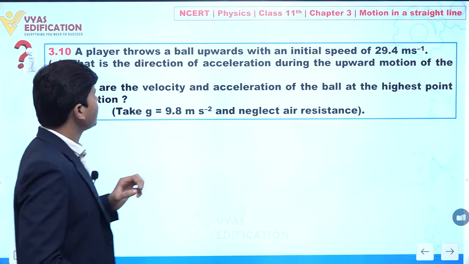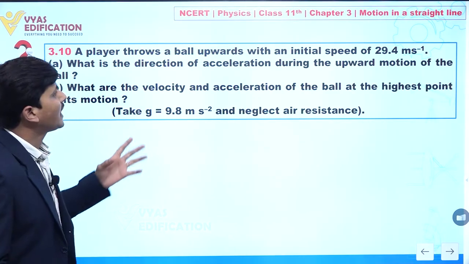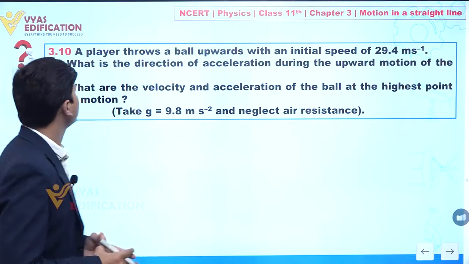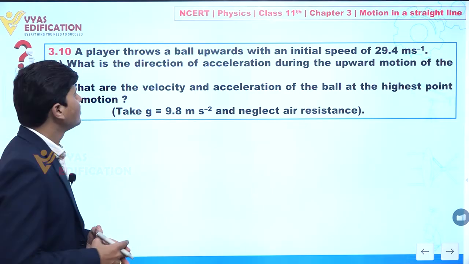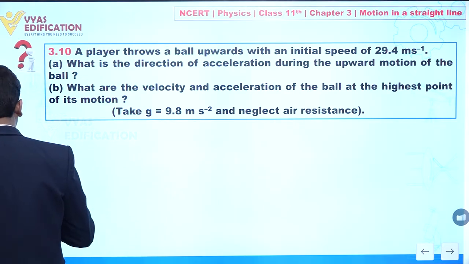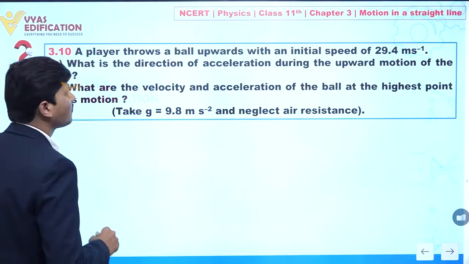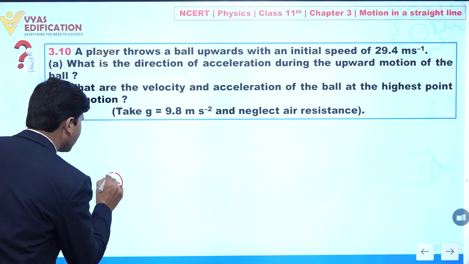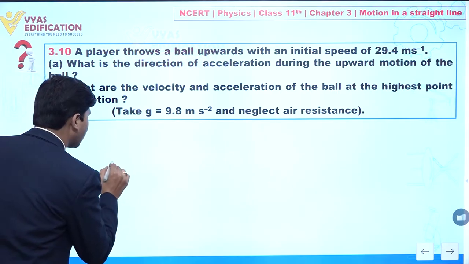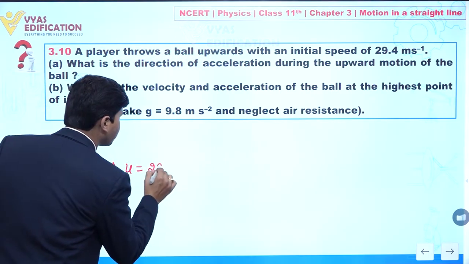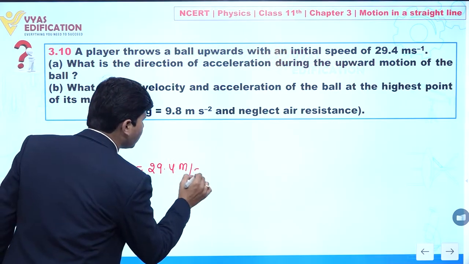Part A is given to you. What is the direction of acceleration during the upward motion of a ball? So listen carefully. A player throws a ball upward with an initial speed of 29.4 meter per second. Let's suppose we are throwing a ball in a vertically upward direction with 29.4 meter per second.